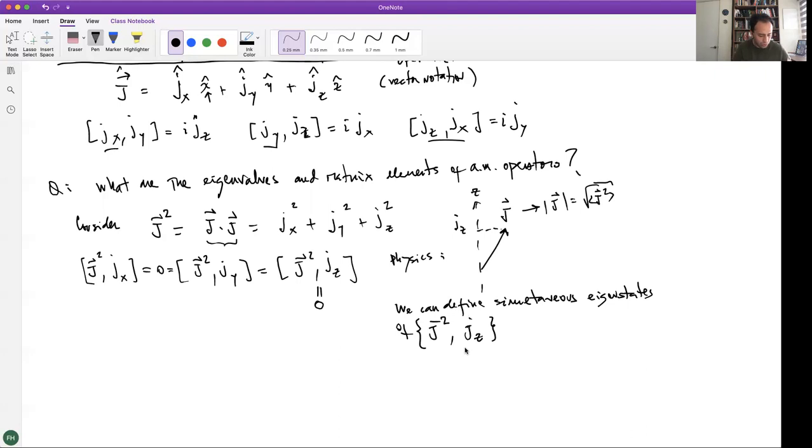These will be 2 commuting observables. In general, we can do this for any pair. Let's say J squared and Jx, I can also know with certainty. So I can know simultaneous observables of any of these.